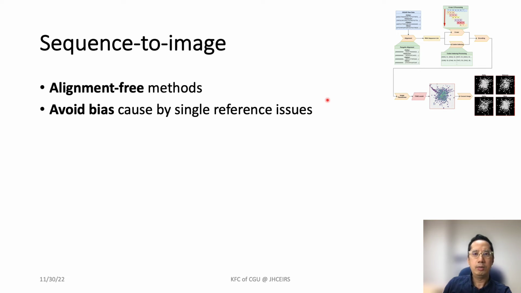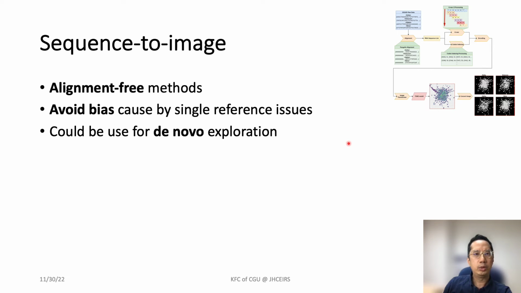As you might know, many phylogenetic analyses of SARS-CoV-2 still use the very original Wuhan strain as the reference sequence. That might cause bias since the pandemic has been going on for two or more years.